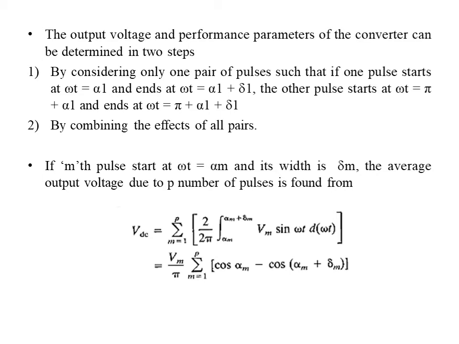Substituting the limits, we get the average voltage as VDC is equal to Vm divided by pi summation m is equal to 1 to p of cos alpha m minus cos alpha m plus delta m.